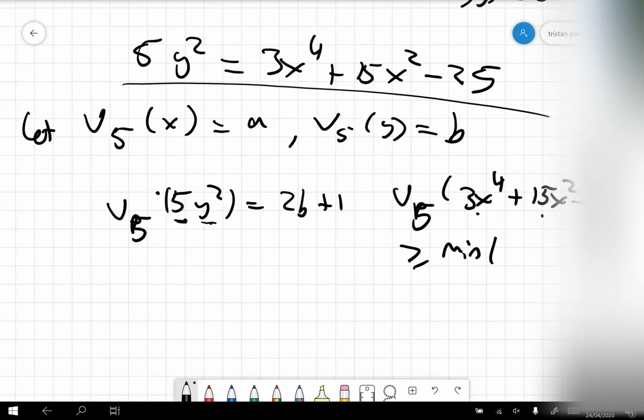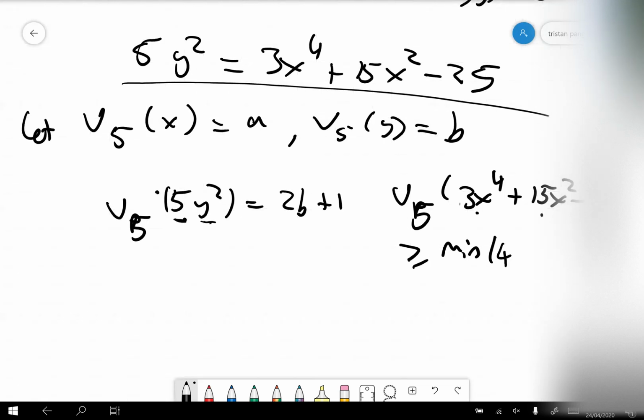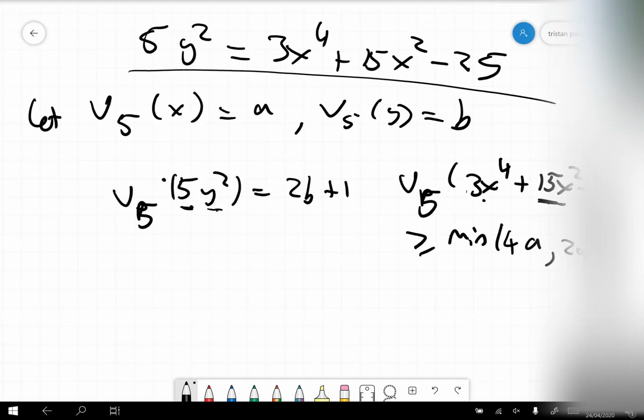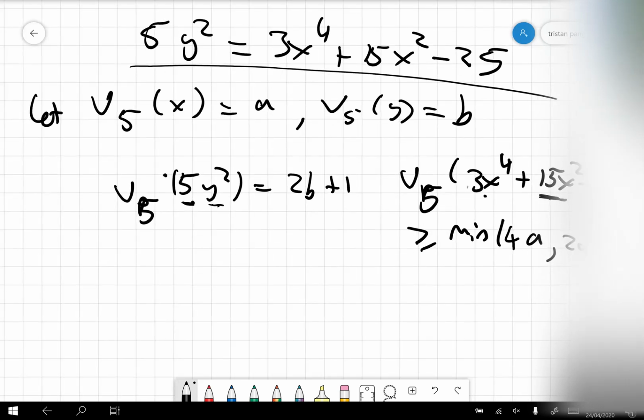The 3 doesn't give us anything, so it'll be 4a. The valuation of this thing would be 2a plus 1, and then the valuation of negative 25 is just 2, since 25 is 5 squared.